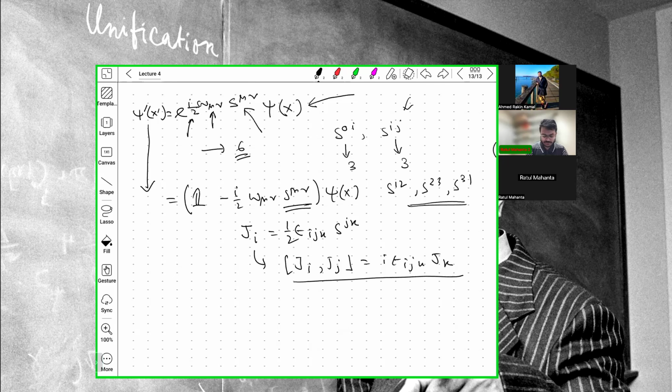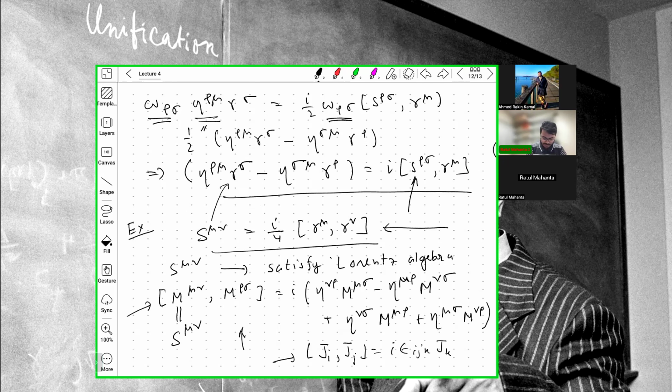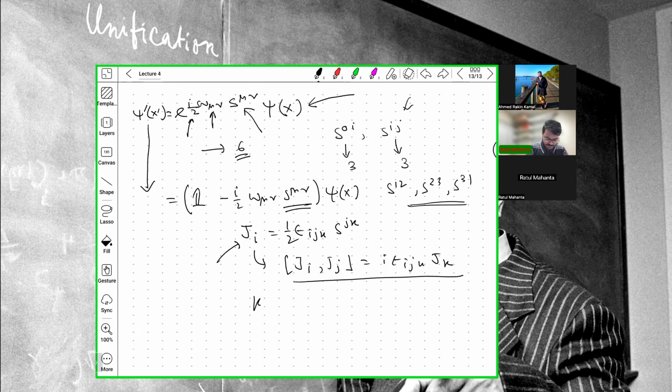There will also be boosts. In the Lorentz algebra, there are 6 independent M mu nu. In our case, M mu nu is S mu nu; some of them are 3D rotations, and some are the Lorentz boosts that mix x and t. The Lorentz transformation mixes position and time.